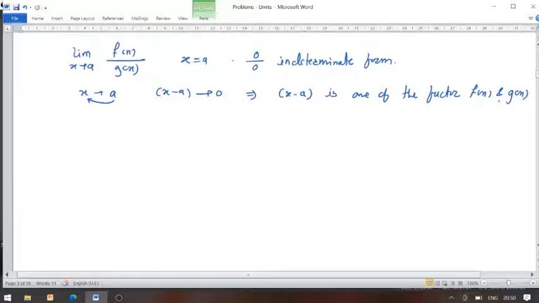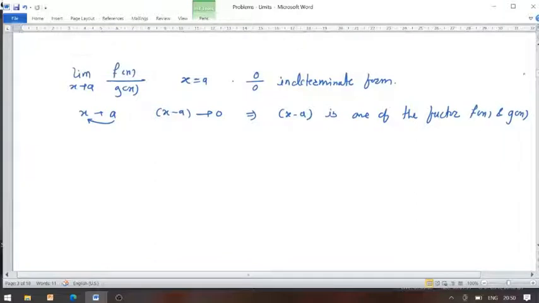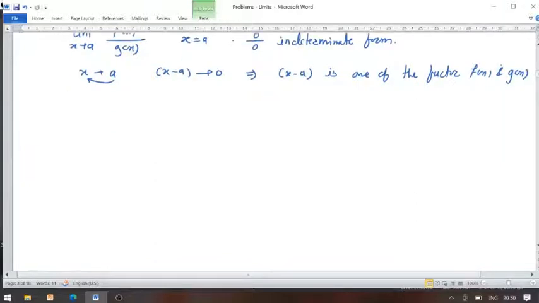Keep in mind. Okay. So now look at the next question. Suppose we have to evaluate the value of the limit: limit as x tends to 2 of 1 upon x minus 2 minus 6x divided by x cube minus 8.